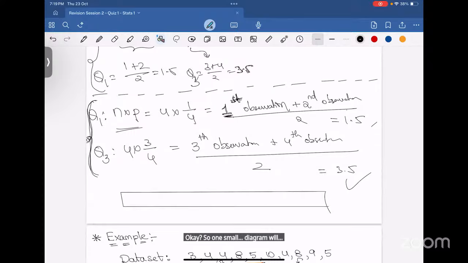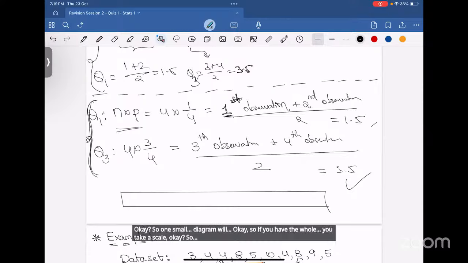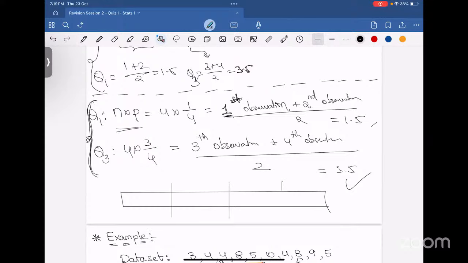If you have the whole data, you take a scale and divide this into 4 equal components. So 25% is this, another 25% is this, another 25, another 25.